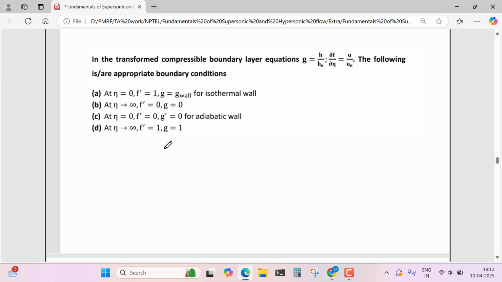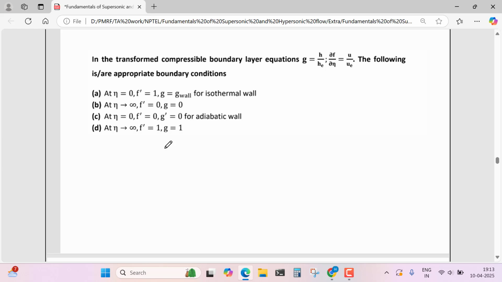Let's see the next problem. In the transformed compressible boundary layer equation, G equal to H by He and dou F upon dou eta equal to U by Ue. The following is or are appropriate boundary conditions. Option A, at eta equal to 0, F dash equal to 1, G equal to G wall for isothermal wall.